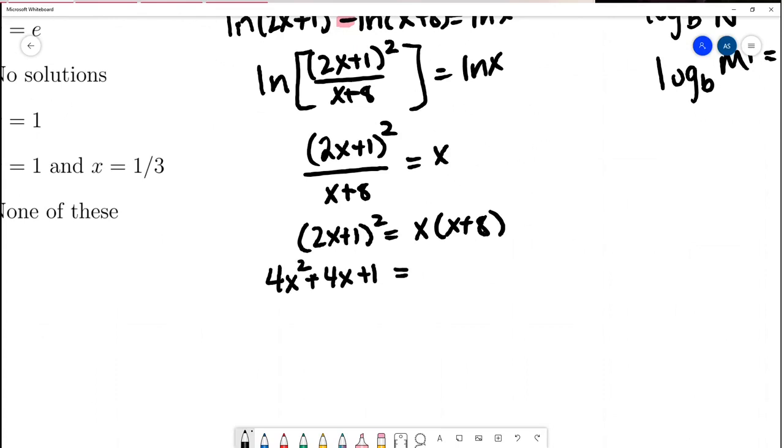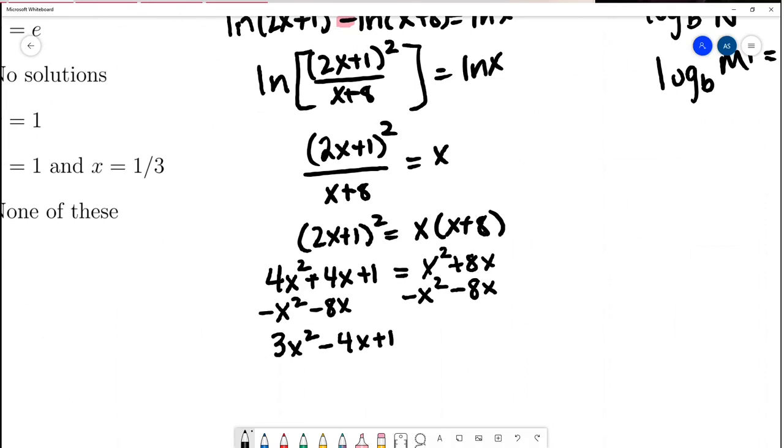If I distribute the x, I get x squared plus 8x. I'll move all the terms to the same side, subtracting x squared, subtracting 8x, and that gives 3x squared minus 4x plus 1 equals 0.